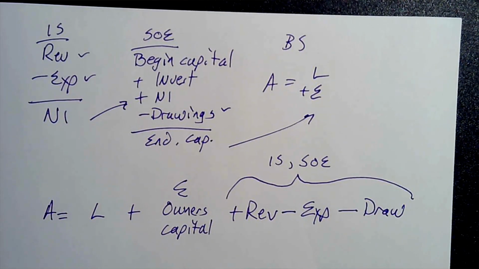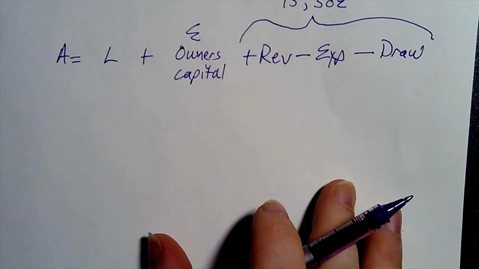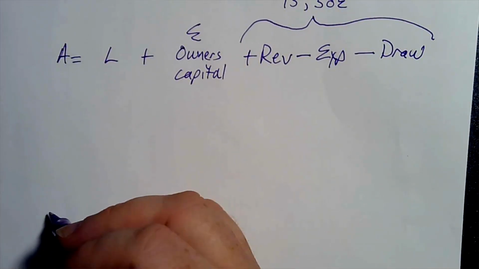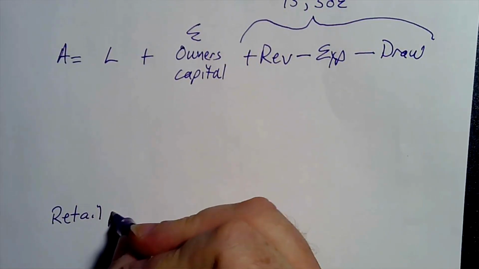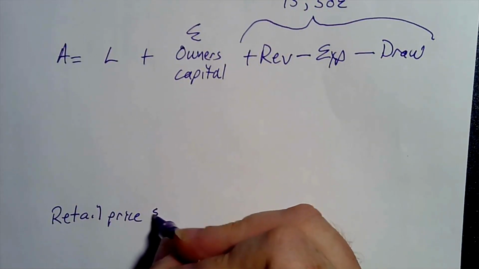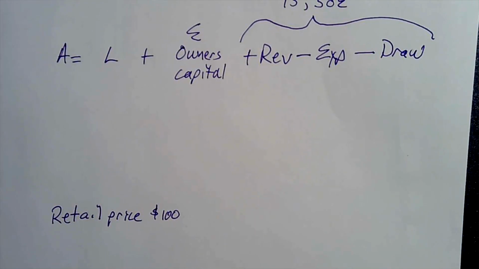So let's just take a very simple thing and say, let's say we do a sale, and the sale that we sold it to the customer, the retail price is $100. But we sold them something. We have an inventory item. How much did we buy that inventory item for?